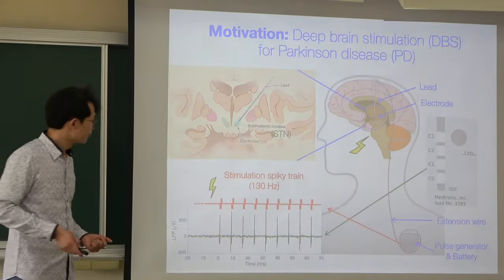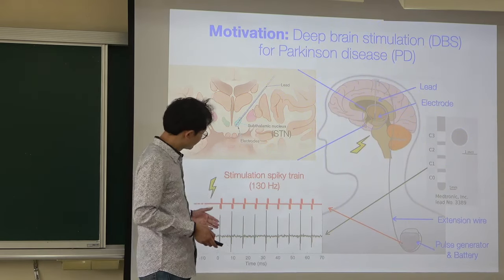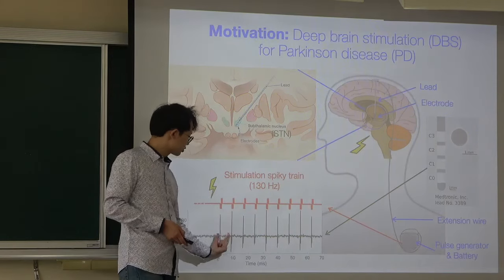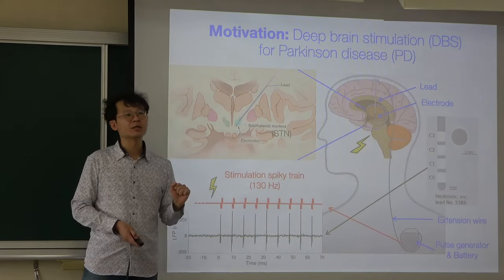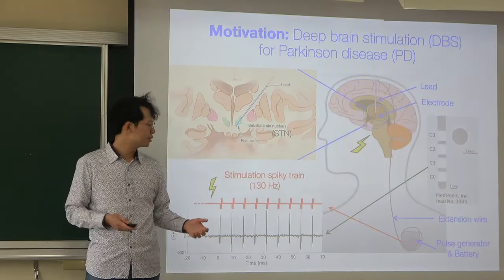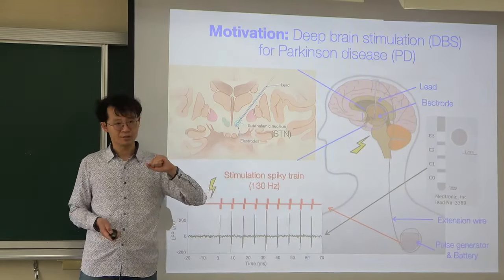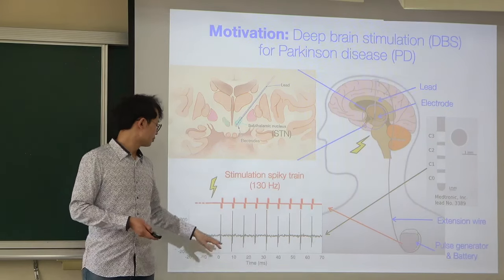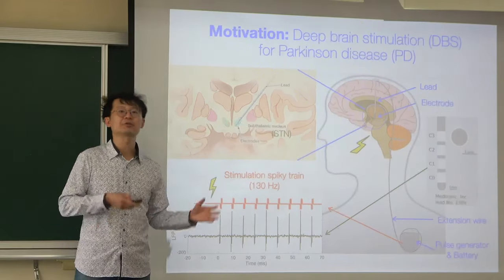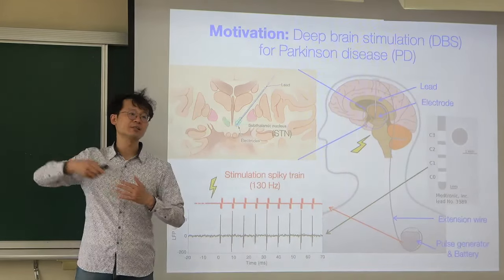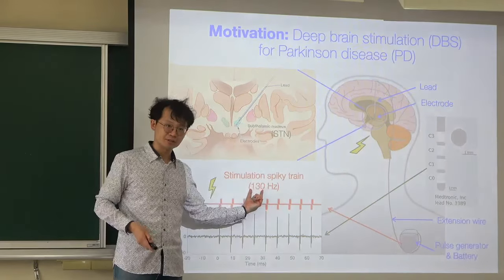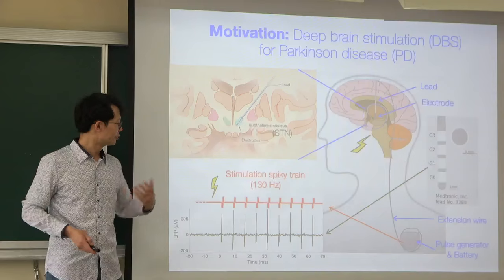That's the question. And the reason we care about it is because it is 130 hertz. So you may say, hey, it's 130 hertz. So by Nyquist rate, we can still understand quite a lot of information below 130 hertz, right? But for local field potential, people have known that quite a lot of information is actually hidden in a higher frequency spectrum instead of just below 130. So we want to explore more about it.